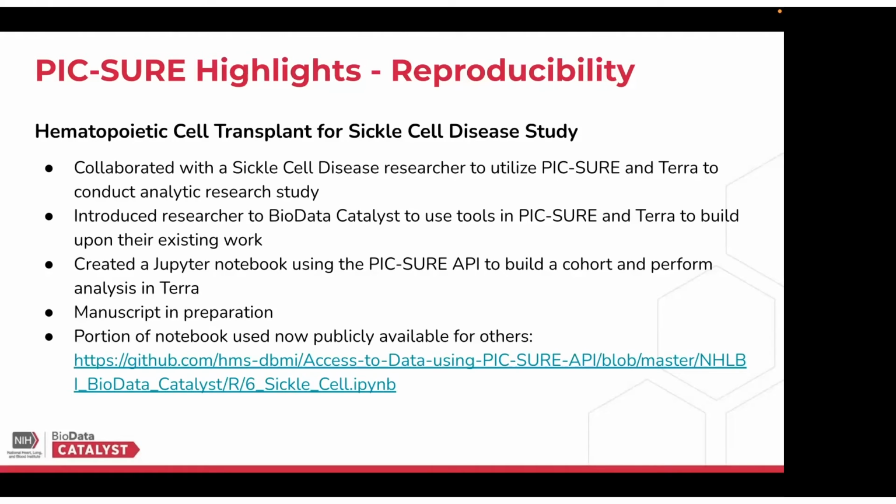We created a Jupyter notebook using the PIC-SURE API to narrow down the cohort and then export to the workspace in Terra. This manuscript is in preparation, and a portion of this notebook, setting up the data and how to use the PIC-SURE API, is also available on our public GitHub repository.